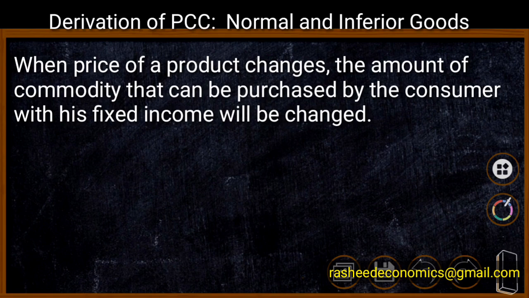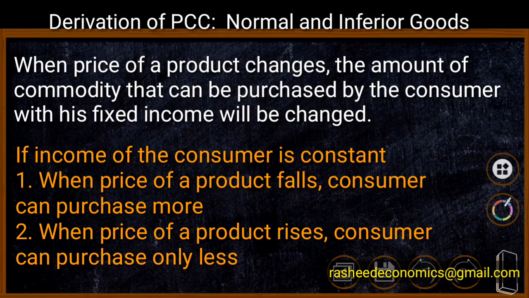In other words, when the price of a product falls, the consumer will be able to purchase more of the commodity with limited income. Similarly, when the price of a product rises, the consumer will be able to purchase only lesser quantities with his income.